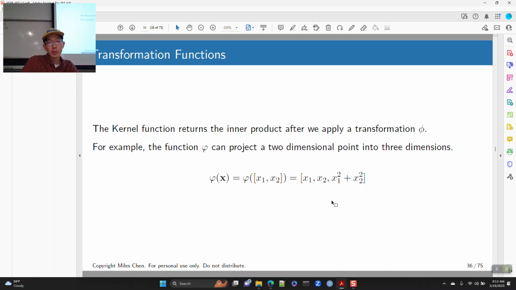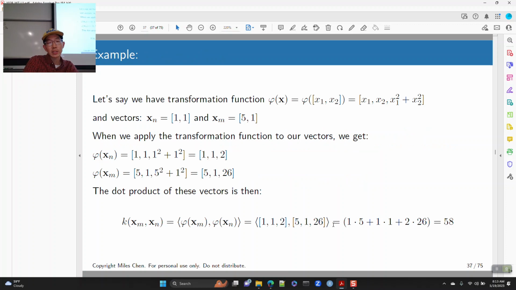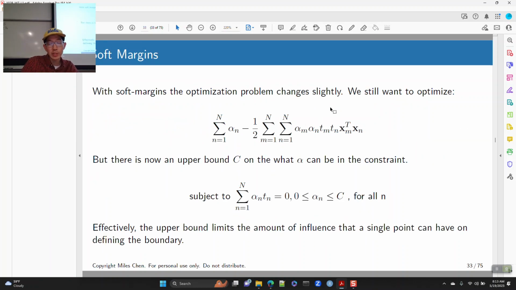But you don't actually have to transform it into three-dimensional space, because the values that we ultimately need are just the inner product. We just need x transpose x. We could take our original values, put them into three-dimensional space, and then do x transpose x, and we get just a number.